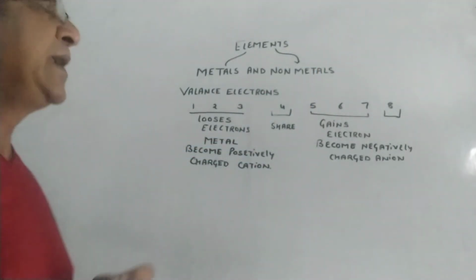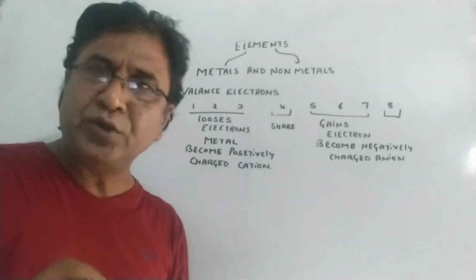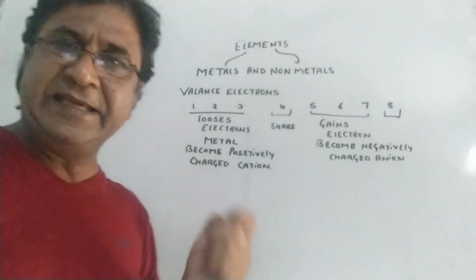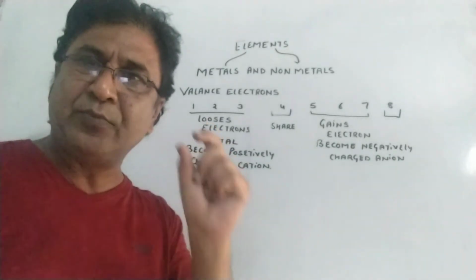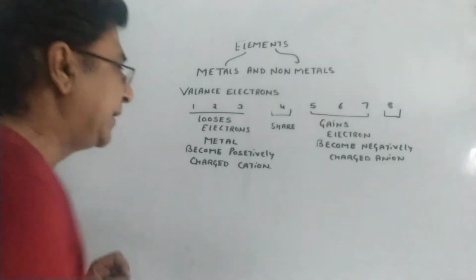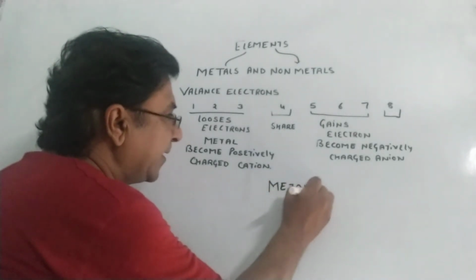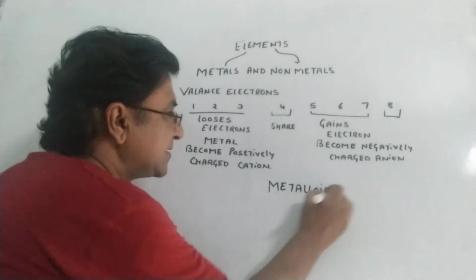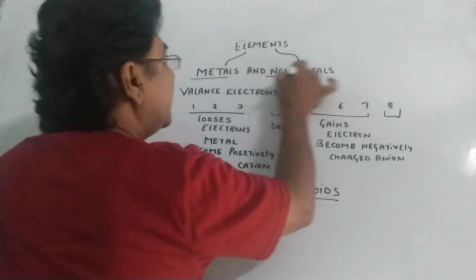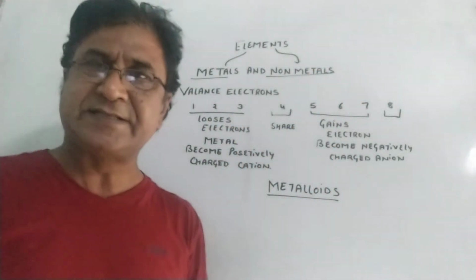Correct? Another thing, some elements have both the properties of metals and non-metals, and these particular elements are called metalloids. So first you have to understand metals, non-metals and metalloids. This is the classification of the elements.